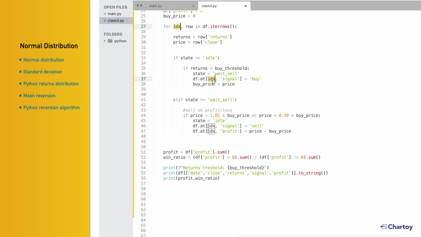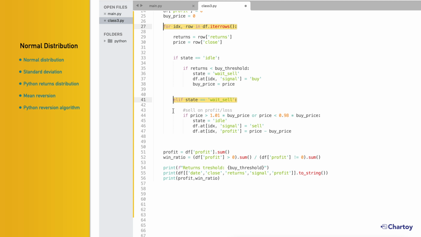Signal is the column where we mark buy or sell, and we mark it as buy. So this column on this row will have the word buy. You'll see later how it looks. And we save the price that we pay to buy that stock.